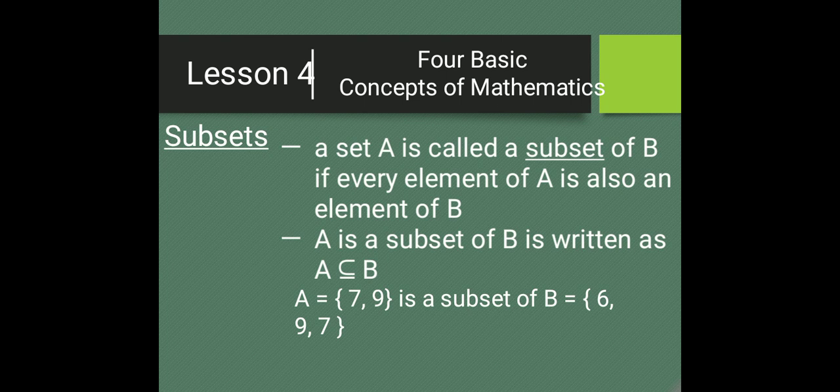Si 7 na element ni A ay andun rin sa elements na nasa set B. So, may 7 si B, may 7 si A. Ngayon, yung element ni A na 9 ay andun rin kay B. So, meaning, lahat ng elements ni A is andun sa set B. So, this means A is a subset of B. Okay, nakuha. Okay, let's have another example.